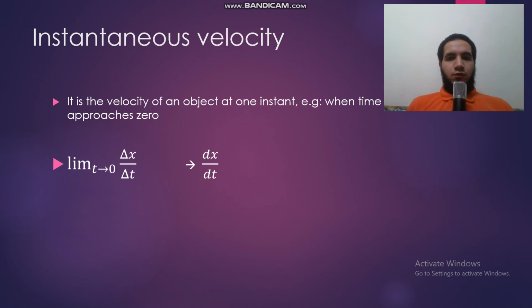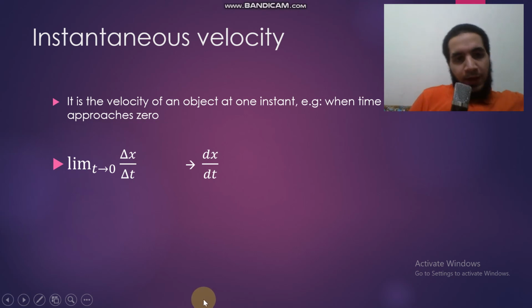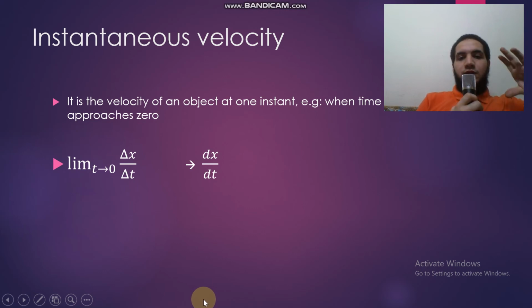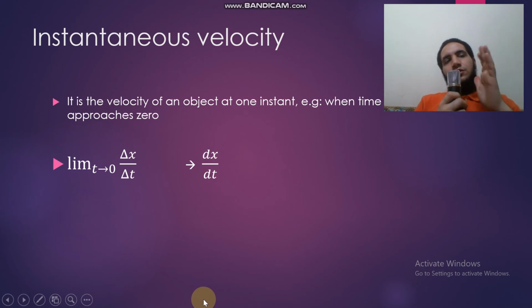Okay, let's move to this important definition, which is the instantaneous velocity. The instantaneous velocity of an object is the velocity of this object at one instant. And this was actually confusing, because if you want the velocity of something at one instant, you want to know it when time equals 0, and when time equals 0, displacement will be equal to 0 because it will be a still image.